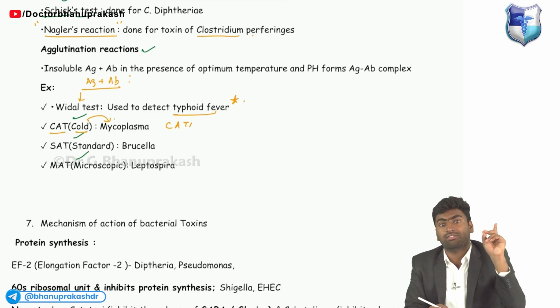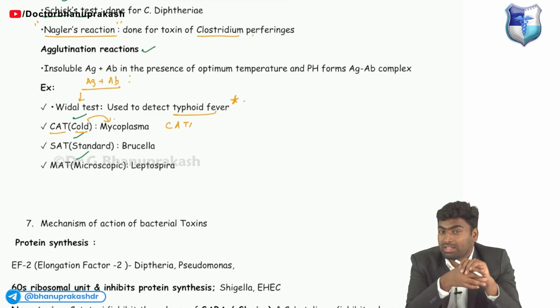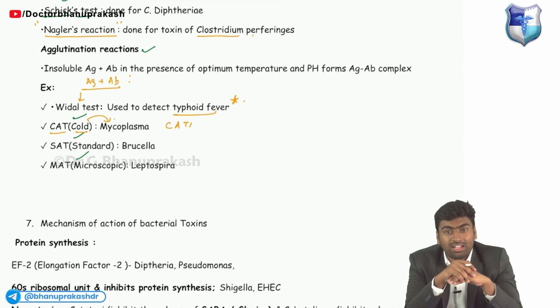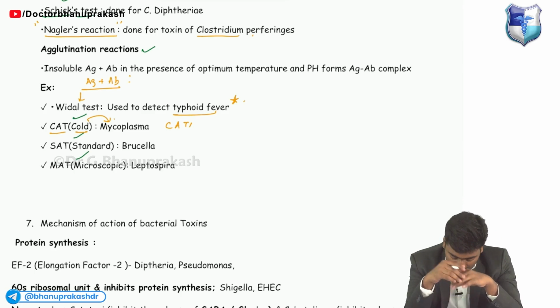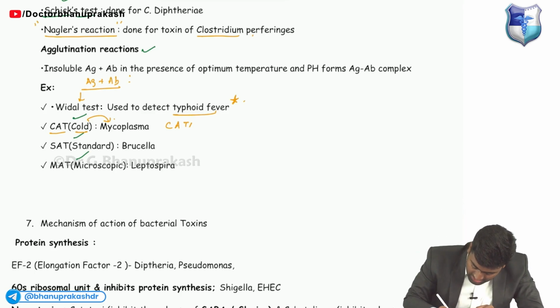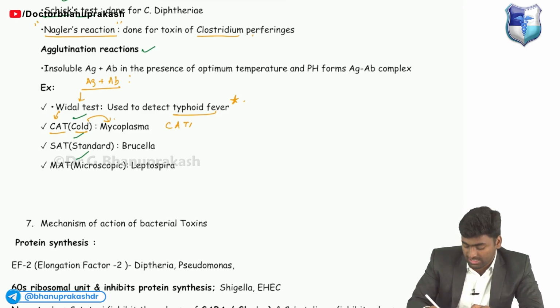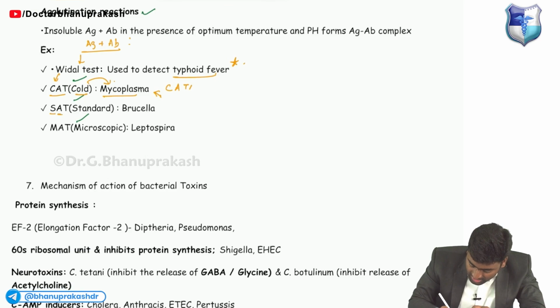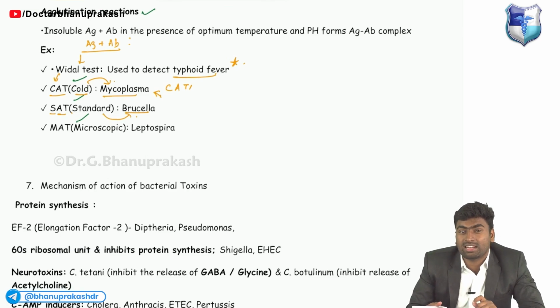We already saw autoimmune hemolytic anemia, where there are two types: the warm type, which is IgG, seen in CLL, and the cold type, which is cold autoimmune hemolytic anemia. Remember the same cold: the cold agglutination test is for Mycoplasma. Then the standard agglutination test is done in Brucella.